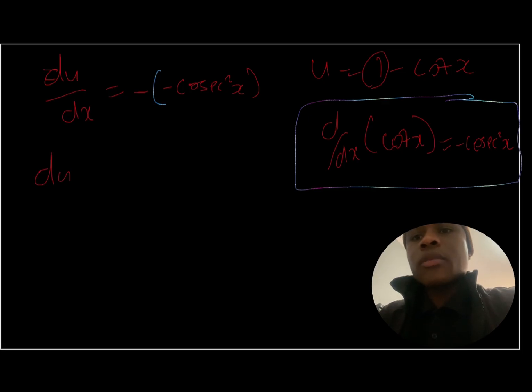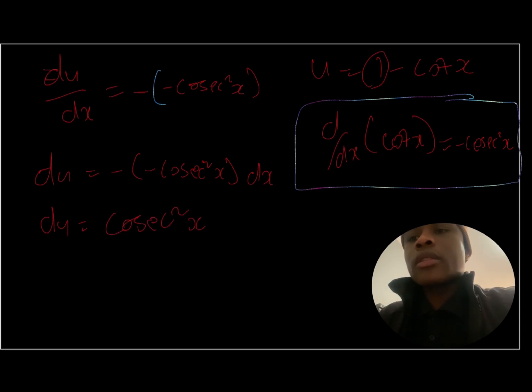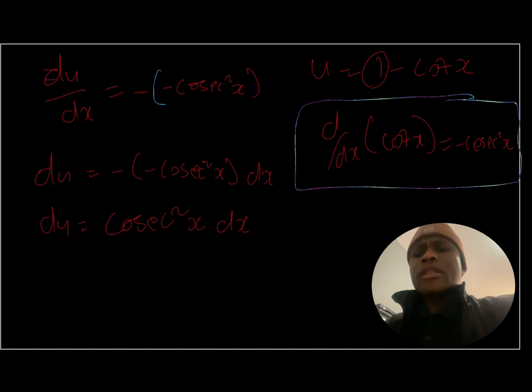Let's cross multiply and break the brackets. We have du equal to cosec squared x dx. Negative times negative is positive, so we'll be left with cosec squared x dx. I see that I have cosec squared x and a dx in my integral expression.